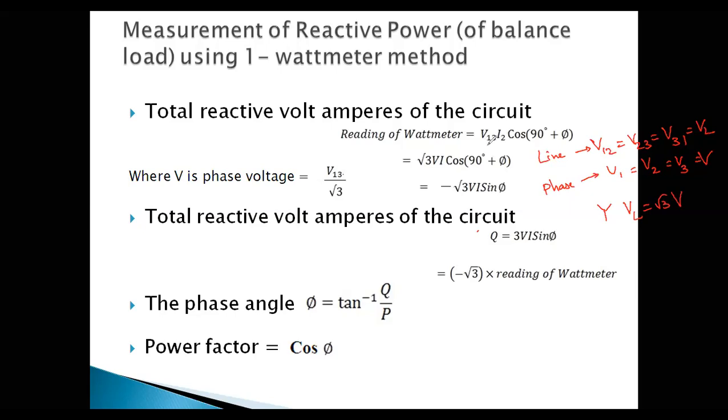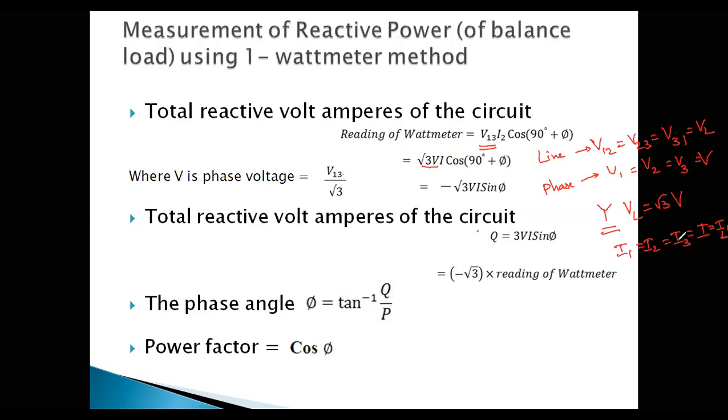Hence, instead of V13, we have replaced it by root 3 times V. Similarly, when you come to currents, because it is star connected, I1, I2, I3, which are phase currents I, are equal to line currents. So phase current is equal to line current for this case.